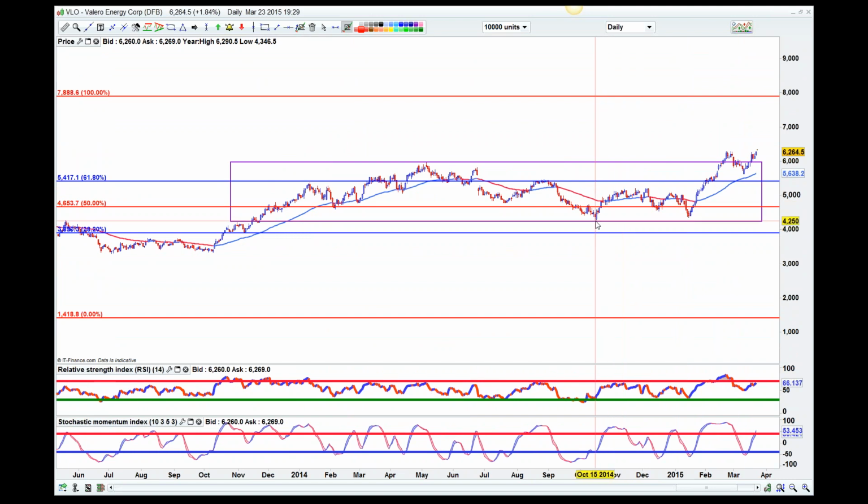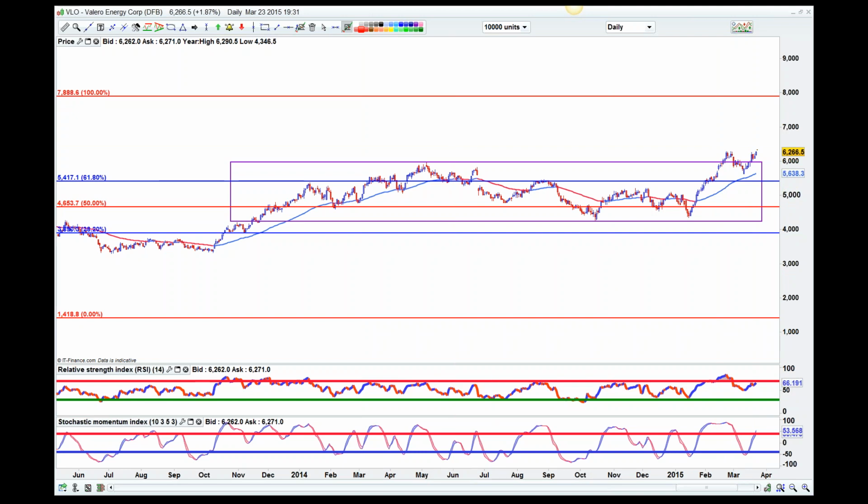And at the lows in October last year, we were just overshooting the 50%. When we closed up, we started getting a nice move once we closed above that 50%, and we hesitated at 54.20. So I would keep an eye out for that one.